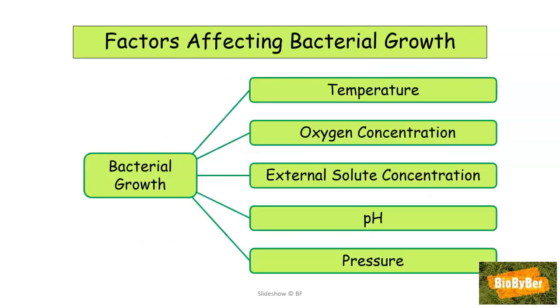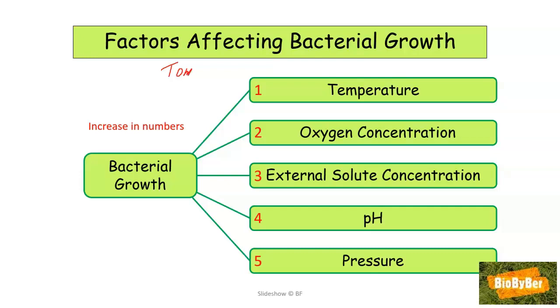The factors that affect bacterial growth, or an increase in the numbers of bacteria, are temperature, oxygen concentration, external solute concentration, pH, and pressure. As a memory tip, we know from our work that the germination of seeds is affected by TOM, meaning suitable temperature, oxygen, and moisture.